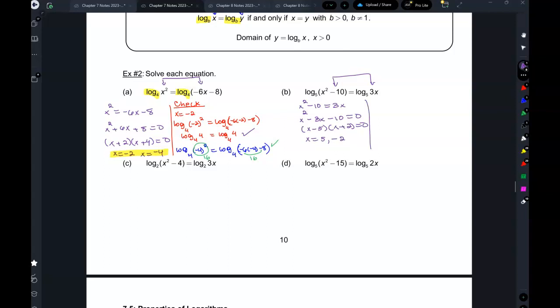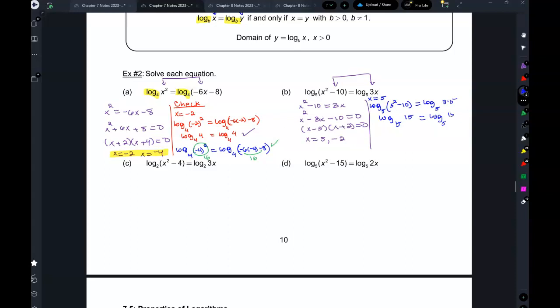Okay, so let's check. Let's check x equals 5. I have log base 5 of 5 squared minus 10, and log base 5 of 3 times 5, which will be 15 eventually. So here, log base 5 of 25 minus 10 is 15.